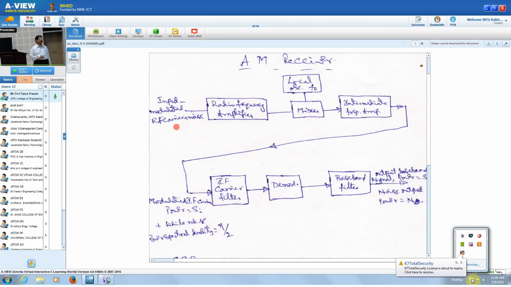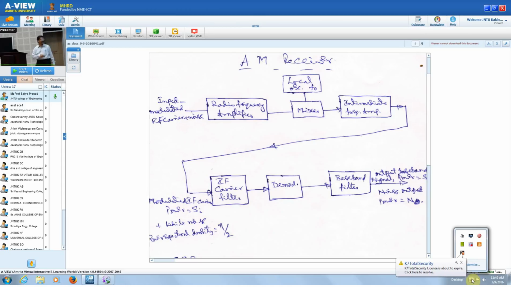Anyhow, you can say that a coherent oscillator is also available here, which has to be fed to your demodulator, which is optional for your SSB and DSB system. Therefore, typically this entire system is common for your AM, DSB, or SSB system. The only thing is that we are going to down convert and amplify the signal. Right? So the basic variation is in this part.